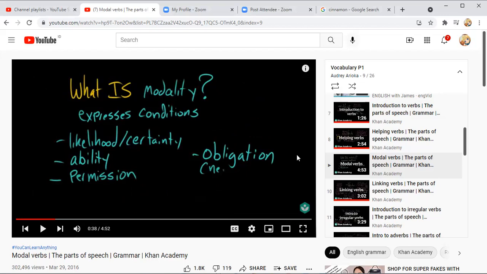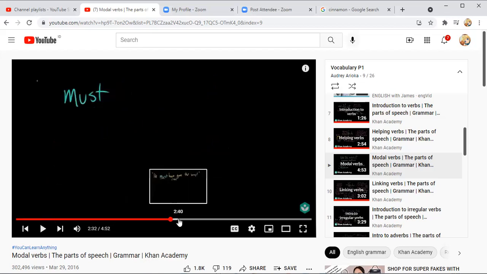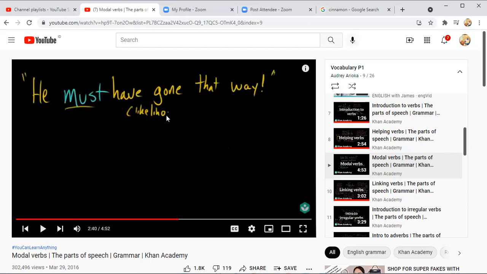Jadinya itu possibility, ya jadinya itu kayak sesuatu yang mungkin terjadi, ability, kemampuan, keadaan. And then permission itu kan izin, and obligation, keharusan, right? That's why the examples are like in the must, it's a likelihood.